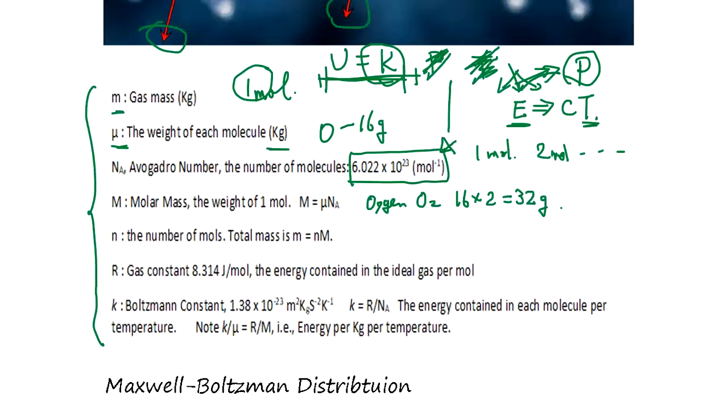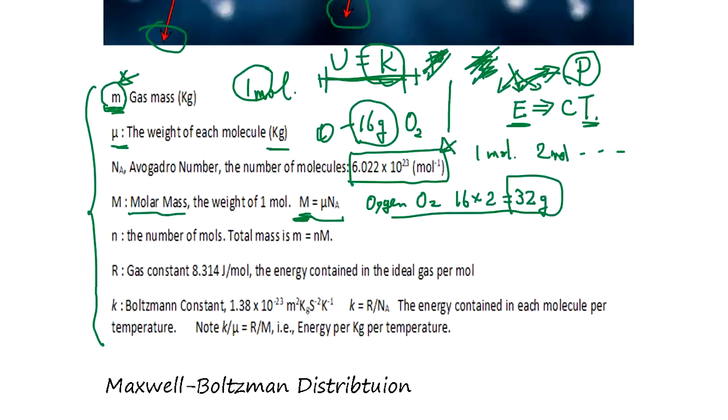If you put this many oxygen atoms together, it's 16 grams, but oxygen exists as O2, so it's going to be 32 grams. This is the molar mass: 1 mole of molecules, how heavy is it? So in a sense it's the same, but this m is any quantity, while M is a fixed quantity, the Avogadro number times the weight of each molecule.